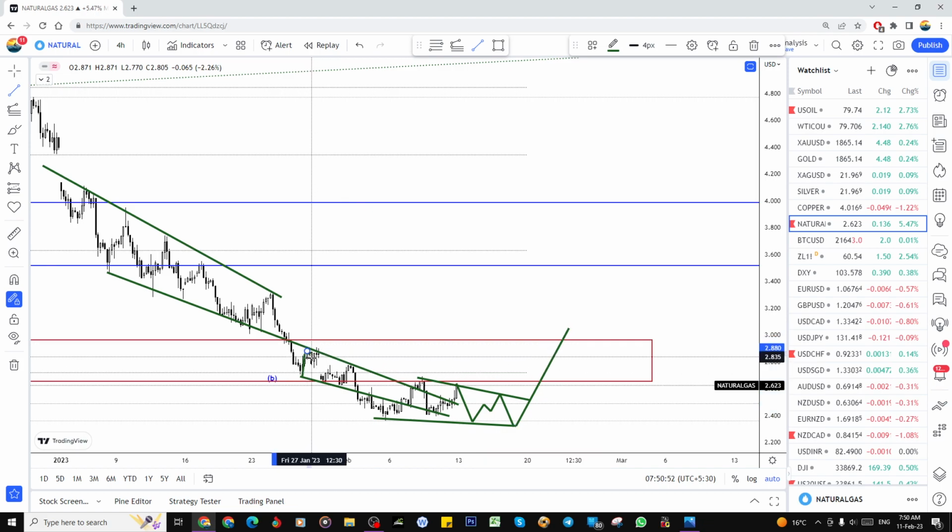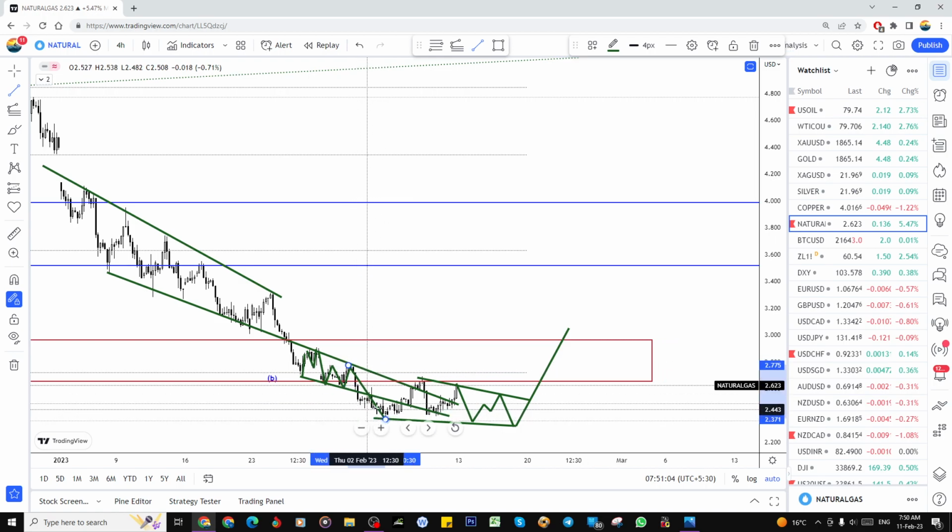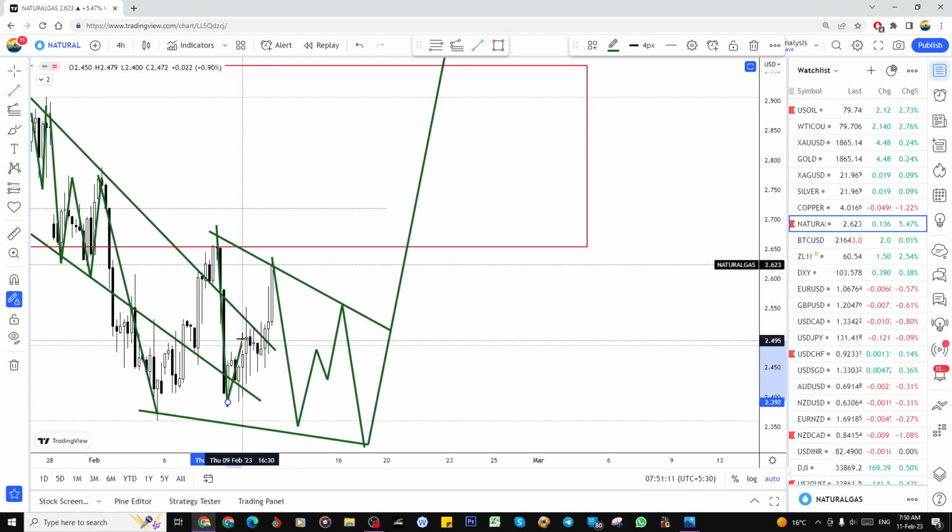and once the three-wave structure got right, and from here, I exited my position, right? I already explained that. What happened? Again it is not looking like an impulsive. Look at this impulsive downside, and again this is looking like a three-wave structure.